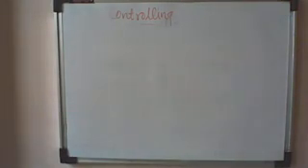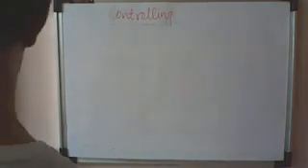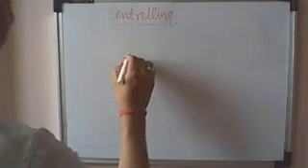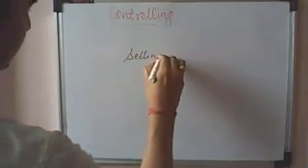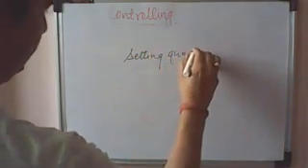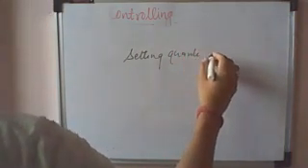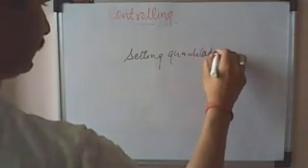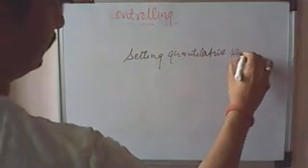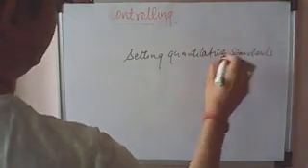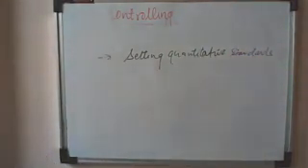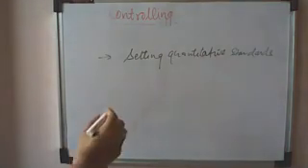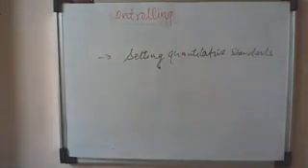First is difficulty in setting quantitative standards. Sometimes we have a problem fixing the quantitative aspects of controlling.